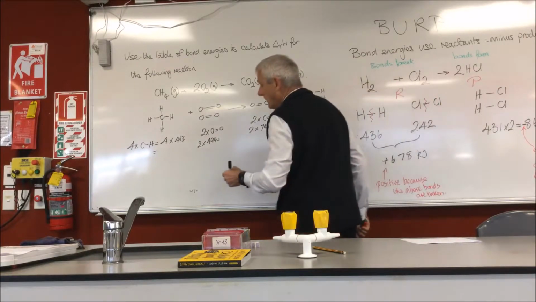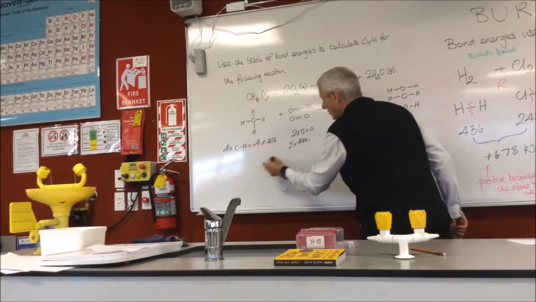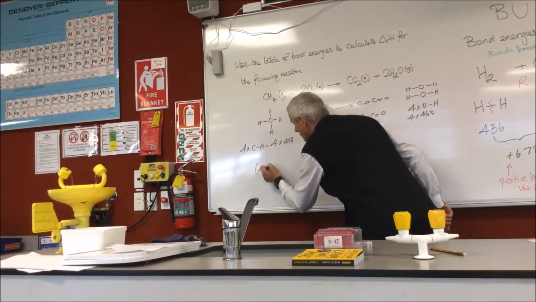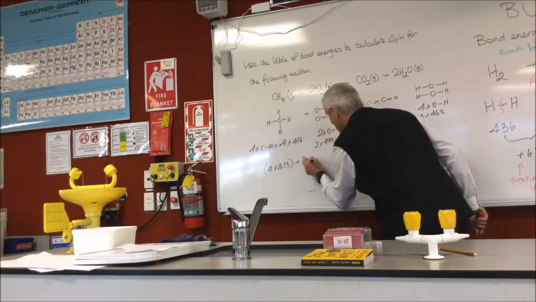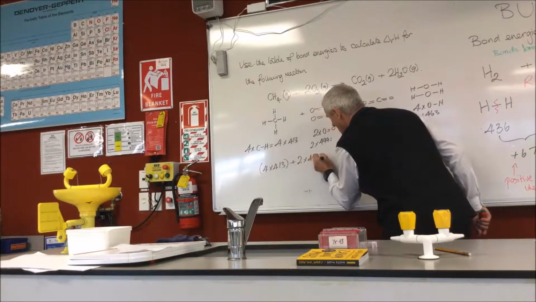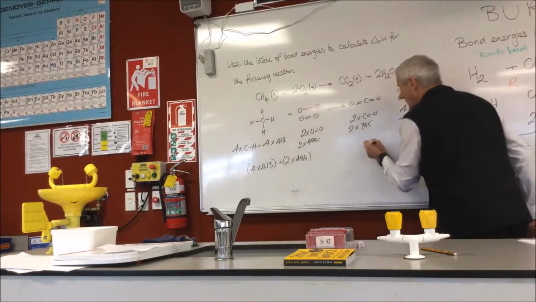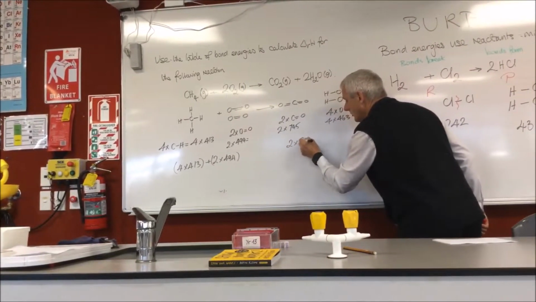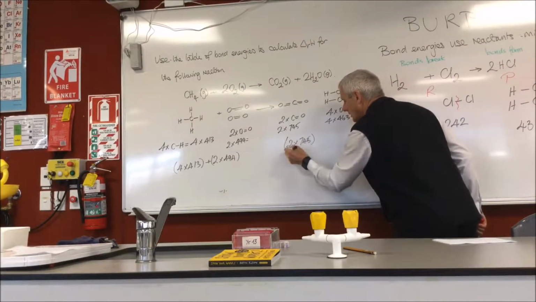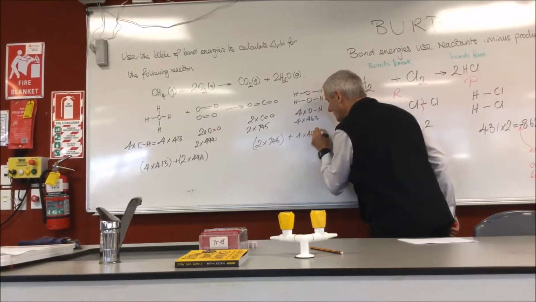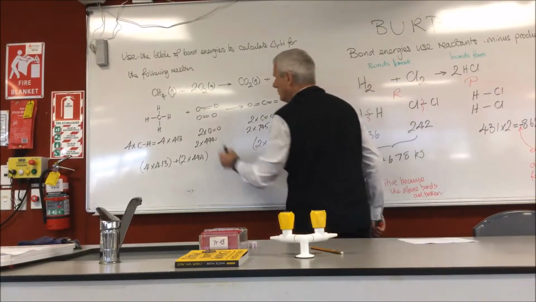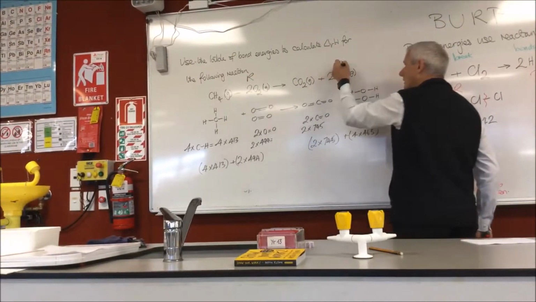So, some people need to work out this sum. So, 4 times 413 plus 2 times 494. And then we've got 2 times 745 plus 4 times 463. So this is reactants, this is products.